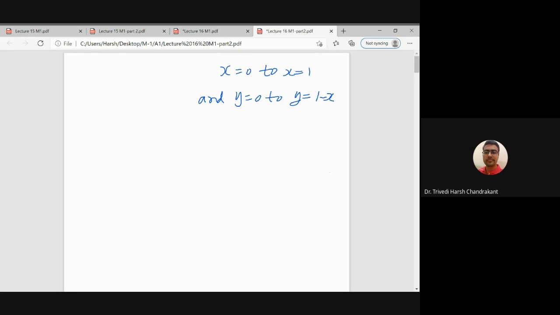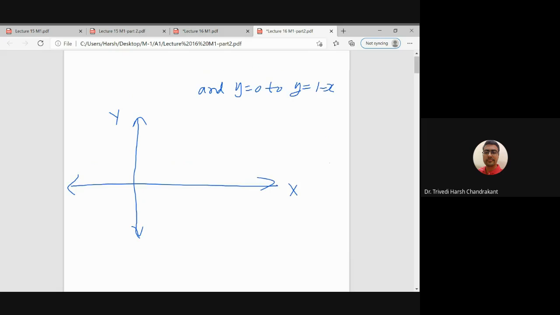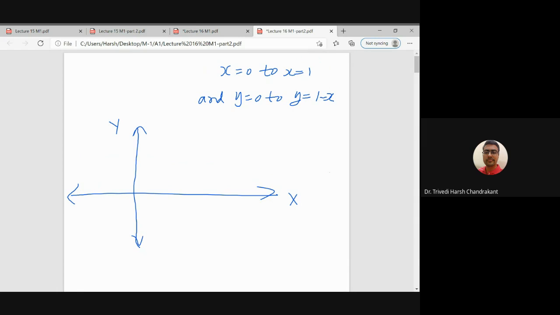So that is the limit of the region here. So let us draw the region in the xy plane. It is bounded by x equals 0, y equals 0 and x equals 1. And this line, which is basically x plus y equals 1.